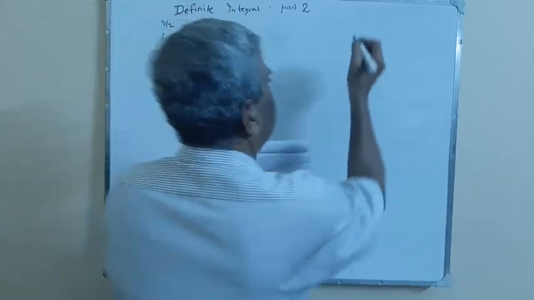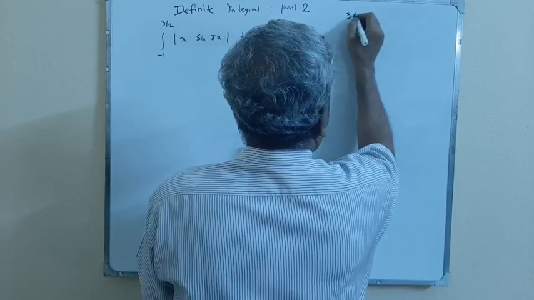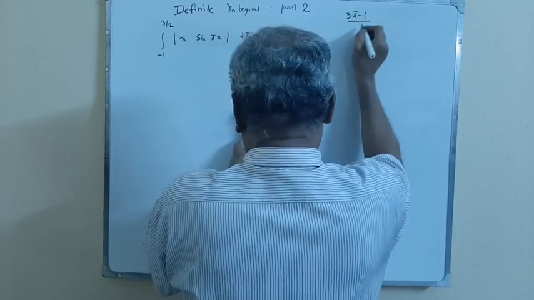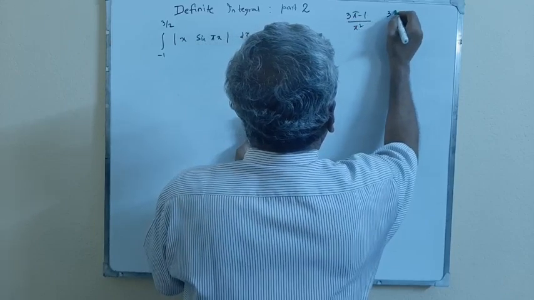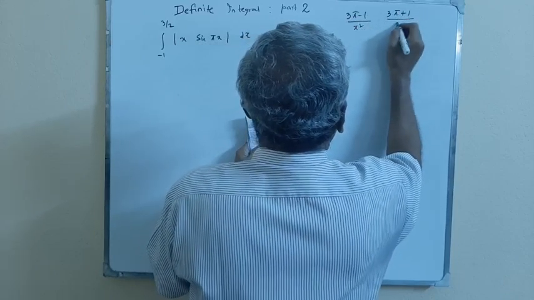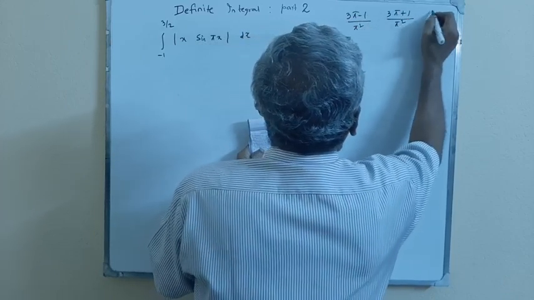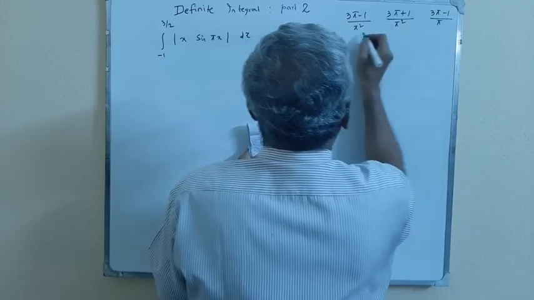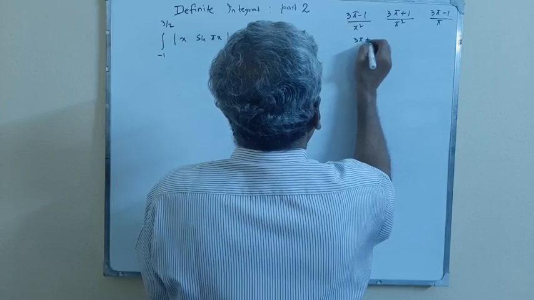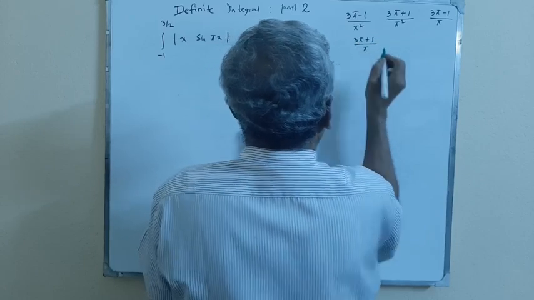Options are: 3 pi minus 1 by pi square, 3 pi plus 1 by pi square, 3 pi minus 1 by pi, 3 pi plus 1 by pi.